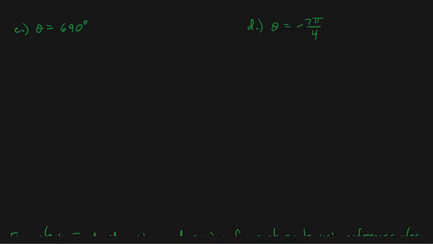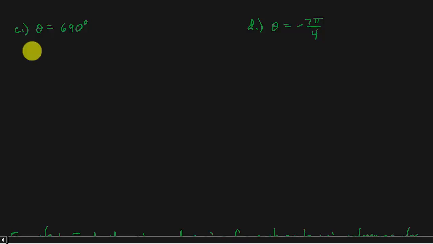All right, so 690, well, typically when we're working with angles, we want our angle measures to be between 0 and 360, don't we? So we can use the fact of what? What do we know? How can we get it back between 0 and 360? Coterminal angles, remember that?